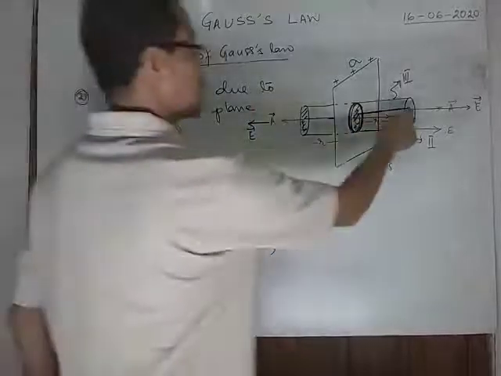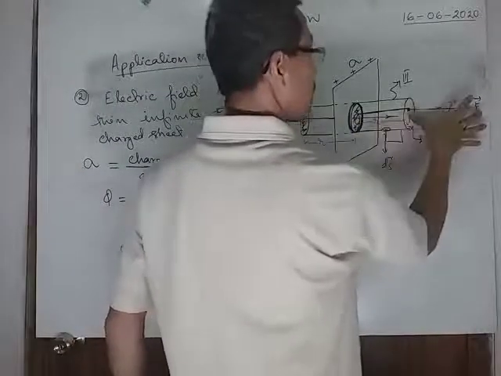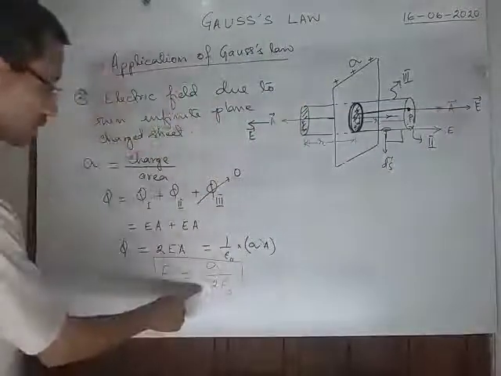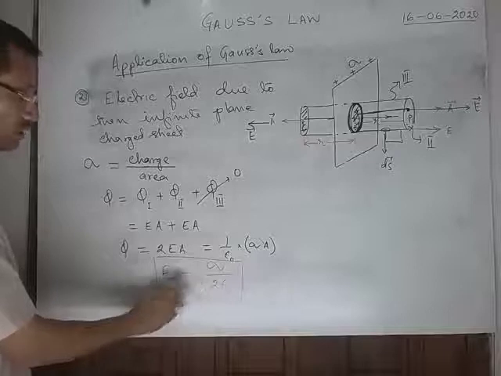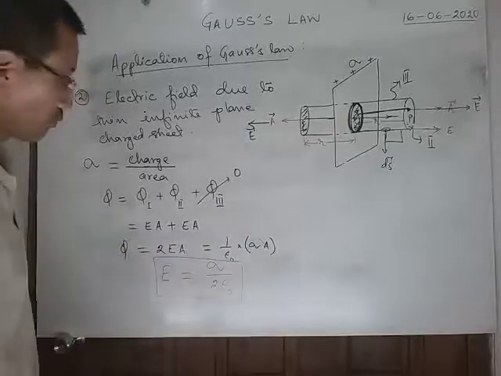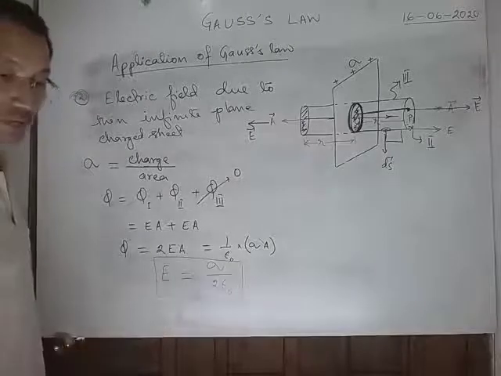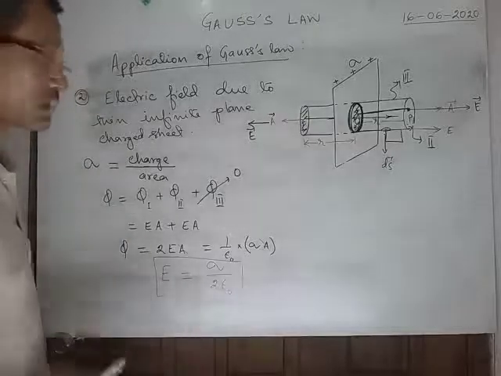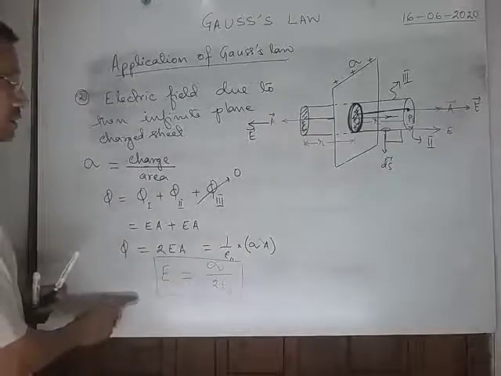Had it been far away, the distance R would be more, but as it is independent of the distance R, this E will have the same value. We will have to relate this point again when we learn about capacitors. Try to remember it at the time of capacitors. I will surely ask you.